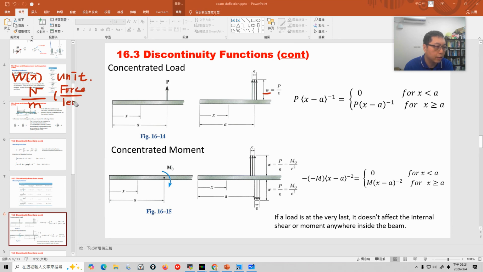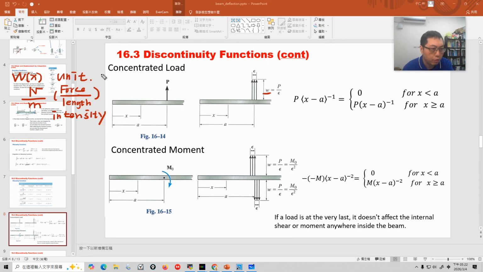I said this before, it's called intensity. The loading function's unit is force per length, newtons per meter.